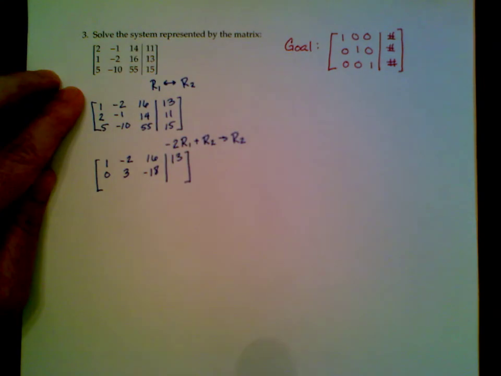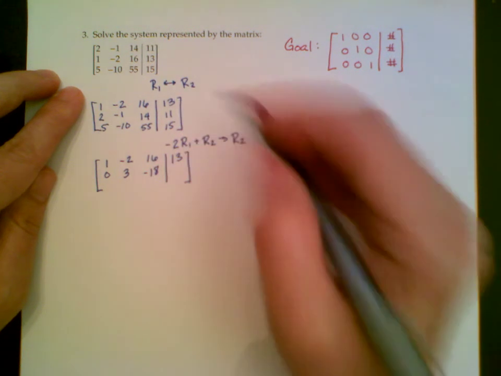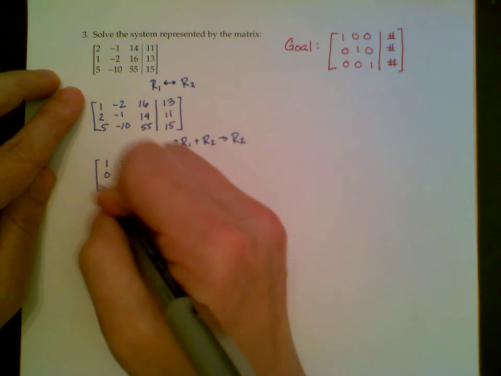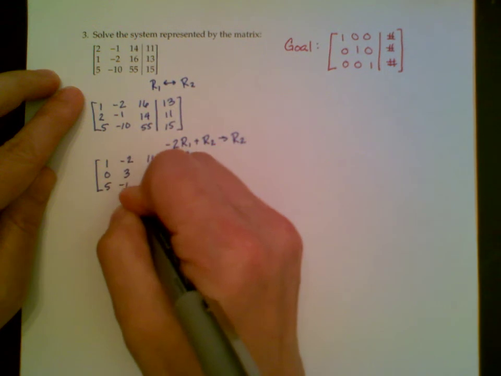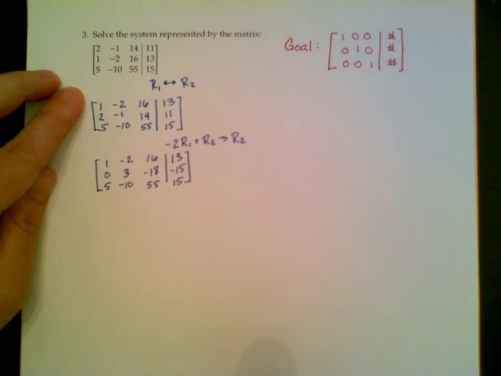All right. Then the -2 times 13 is -26, plus 11 is -15. And then we just recopy row 3 because that's not changing in this row operation.